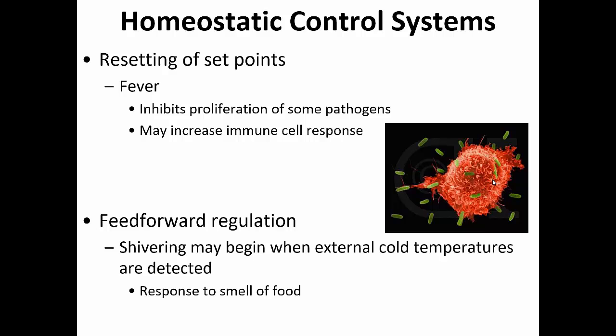Although this certainly wouldn't be true for all bacterial pathogens, it makes it a little more difficult for the bacterial pathogens to divide and continue the infection within the body. Not suggesting that fever is enough to shut down the division of bacteria, but it shifts the tables a little bit, in some cases at least, and provides an advantage for the human versus the bacteria that's causing the infection.